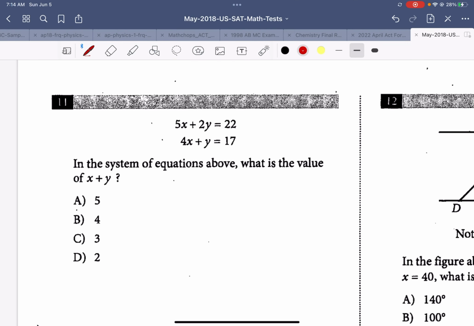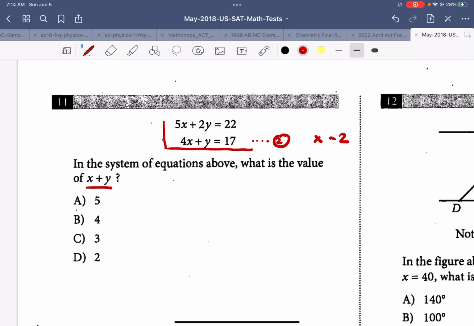11. System of equations. What is the value of x plus y? Sometimes when you manipulate those two equations, you can answer quickly. But by multiplying one number, it's hard to match with x plus y. So what I'm going to do is just solve for x and y. So let's multiply this second equation times -2.